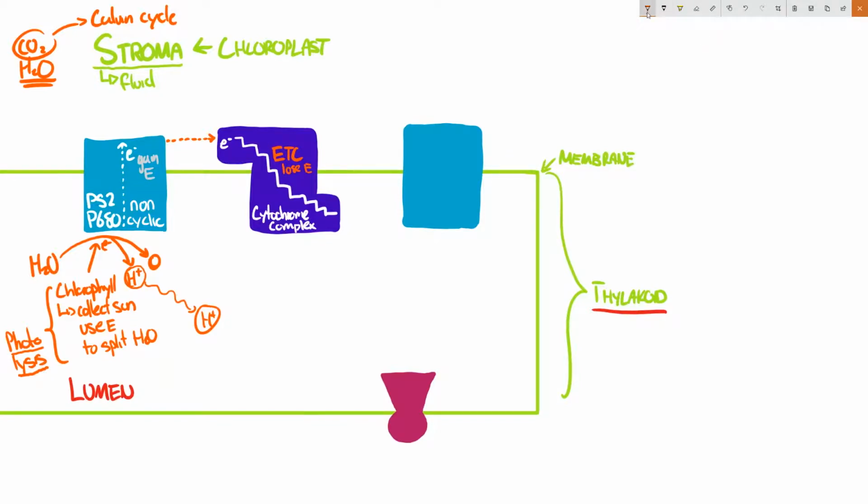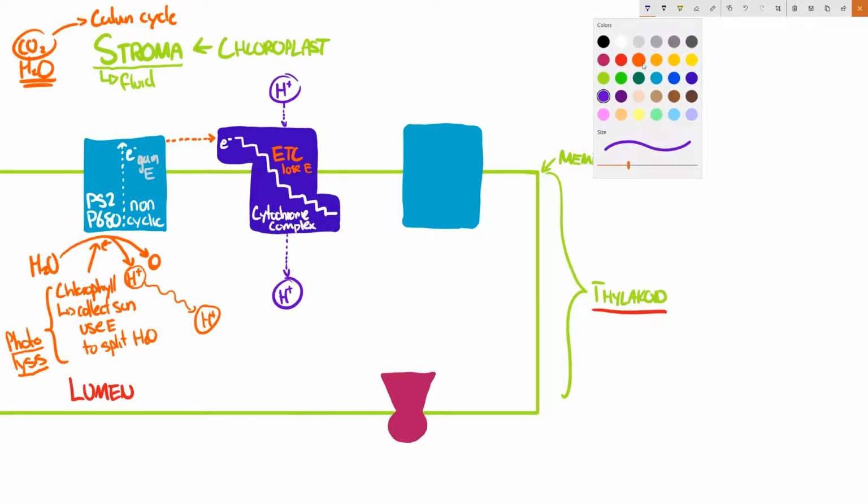By losing energy, we are going to help hydrogen ions move across their gradient into the lumen. So we lose energy, we bring hydrogen ions across from the stroma down into the lumen of the thylakoid. And now these electrons have a little bit less energy than what they had after being excited by photosystem 2.